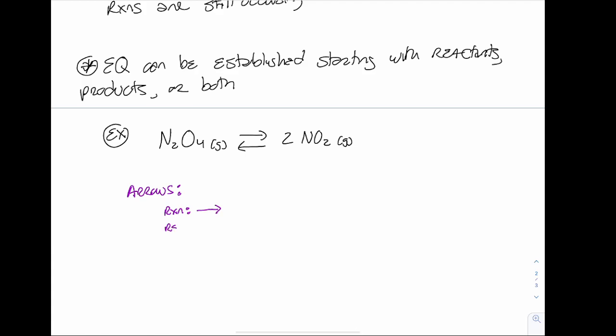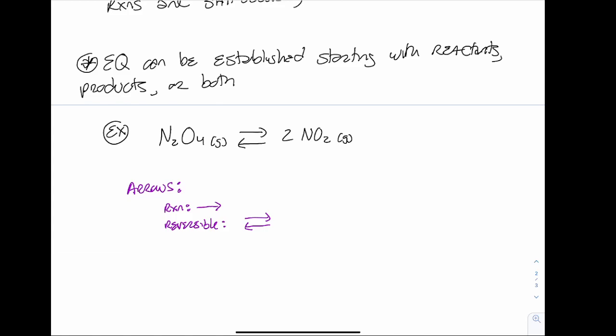If your reaction is reversible, we do use 2 separate arrows going in opposite directions. If we know for sure that we are at equilibrium, it's common to actually just use 1 barb. I still tend to use 2 because sometimes we're talking about establishing equilibrium and we're not there yet.